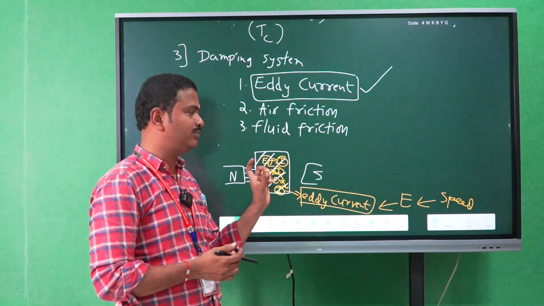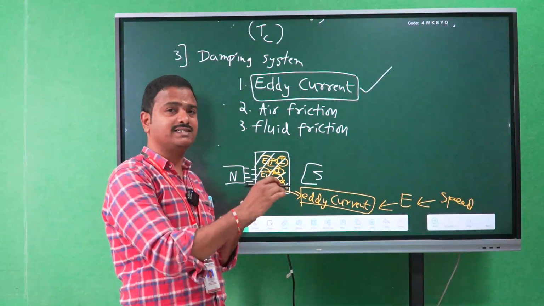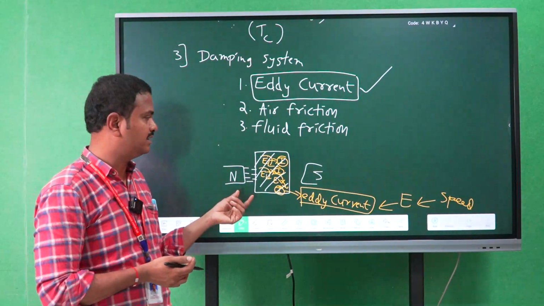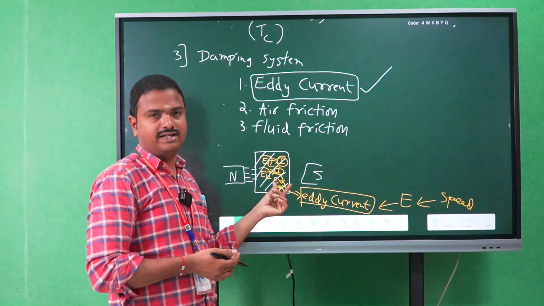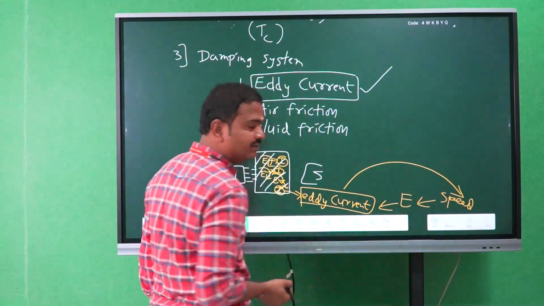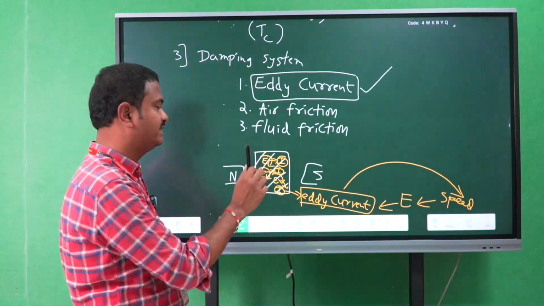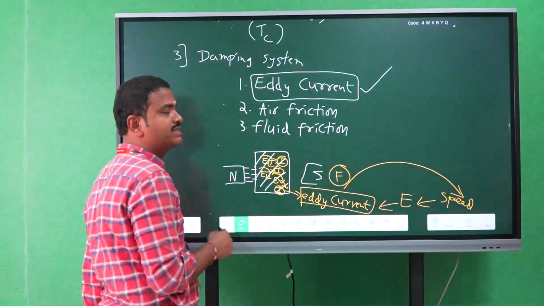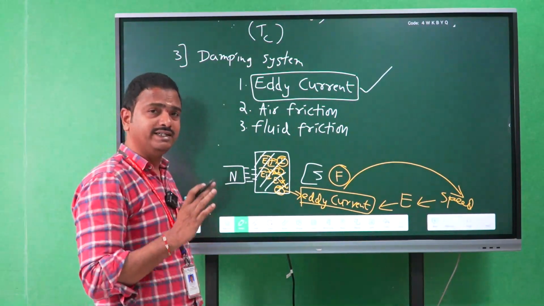So whenever the moving system is moving, then according to Faraday's law, the flux lines cut the aluminum plate, then small EMFs are produced and small currents flow inside the plate or material, right? So the direction of eddy currents opposes the speed or movement of the moving coil. That means an opposite force or opposite torque is developed on the aluminum disc.